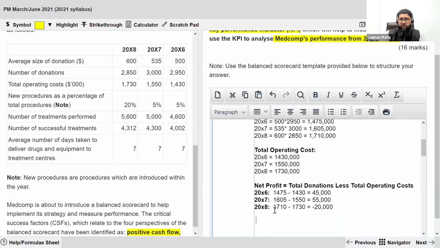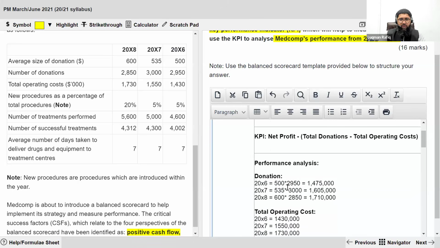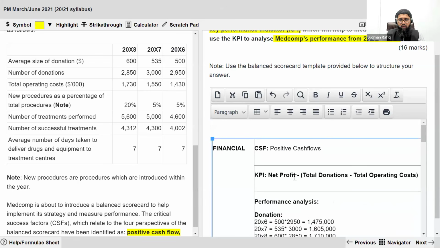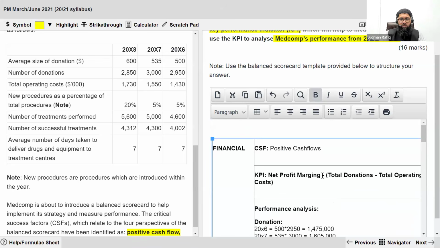So basically, what you need to do is calculate the net profit margin, which is the net profit divided by the total donations.